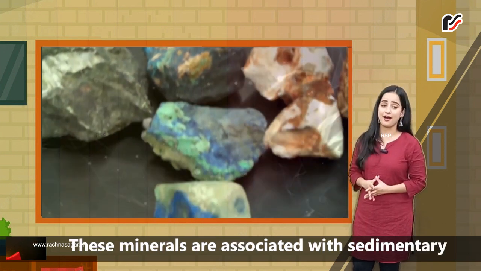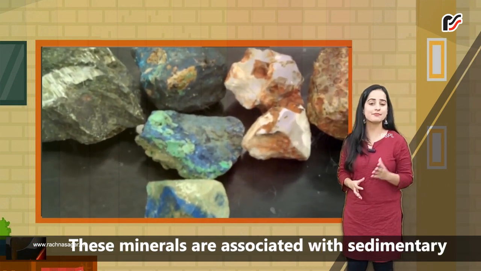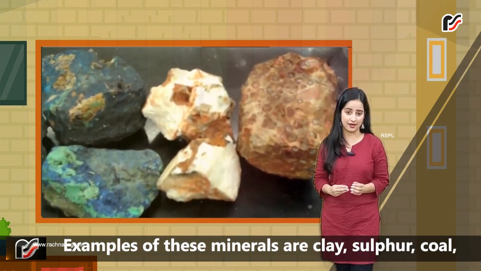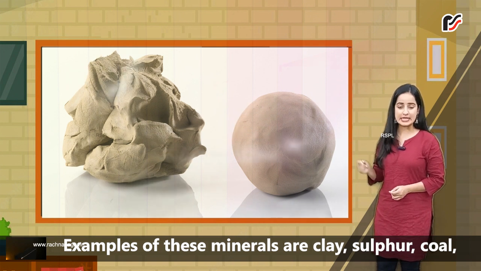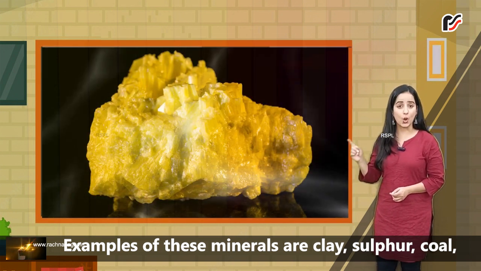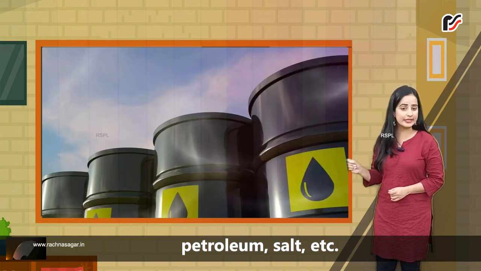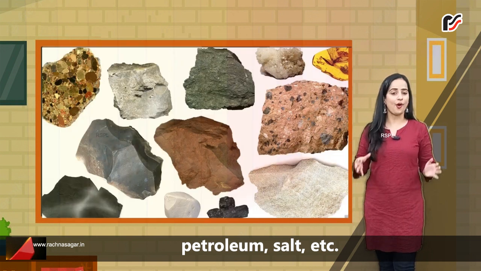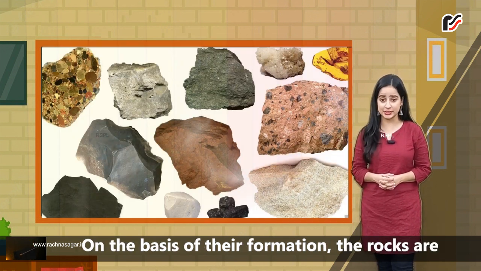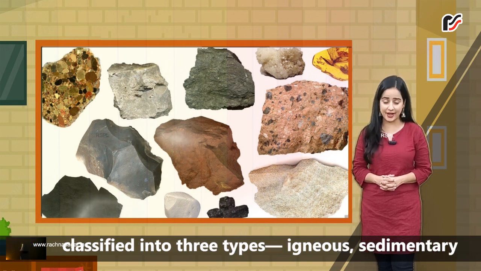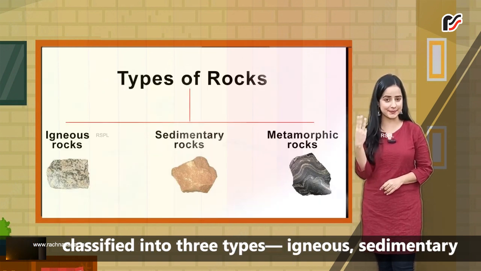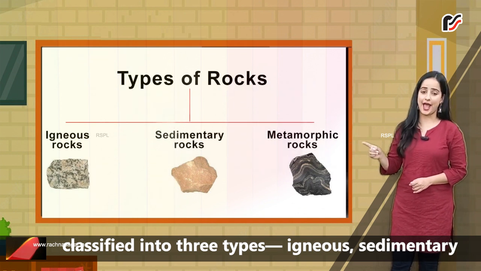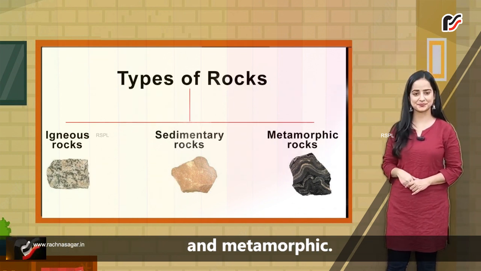These minerals are associated with sedimentary rocks. Examples of these minerals are clay, sulfur, coal, petroleum, salt, etc. On the basis of their formation, the rocks are classified into three types: igneous, sedimentary, and metamorphic.